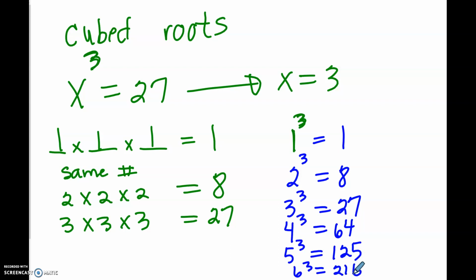Again, having this chart, something to look back at, would be nice. It makes it easier when you're doing your math. So 7 cubed, 7 times 7 times 7, is 343. Okay, so let's just do one more sample here.